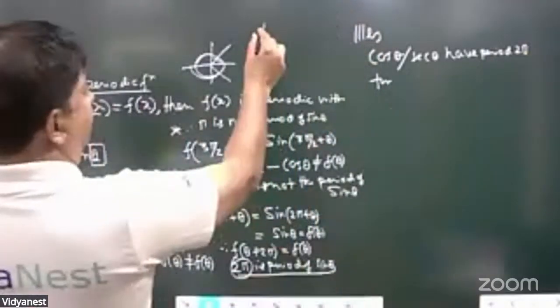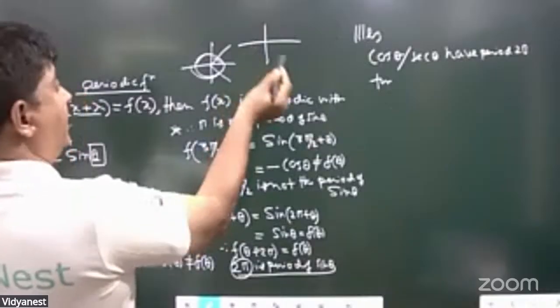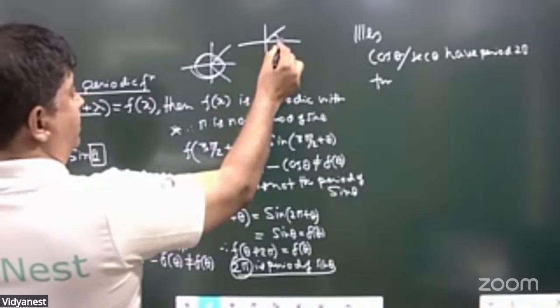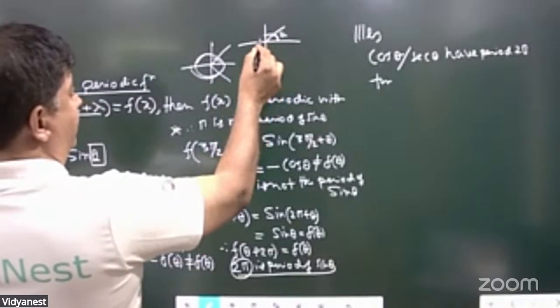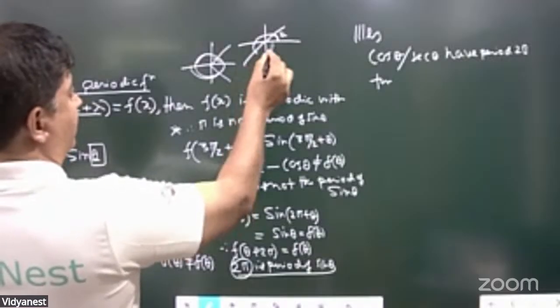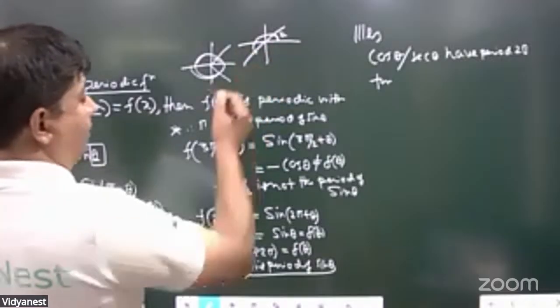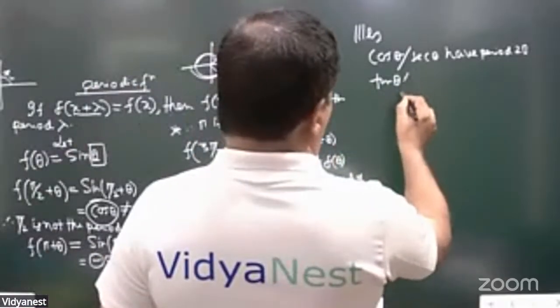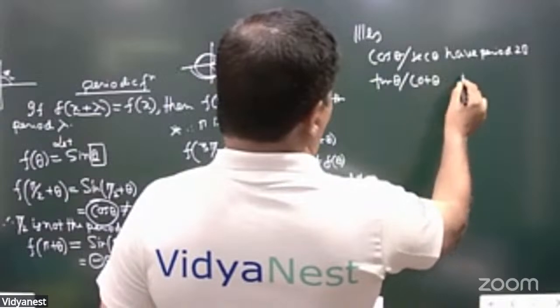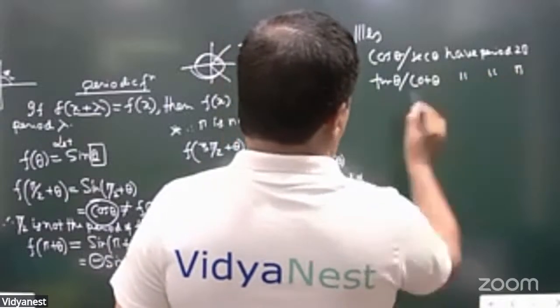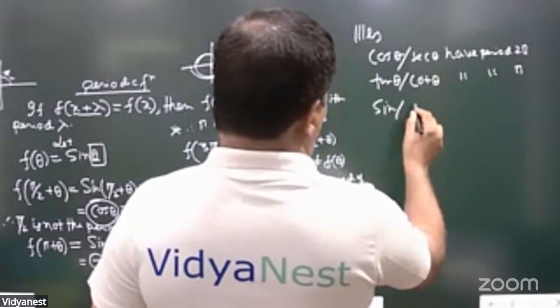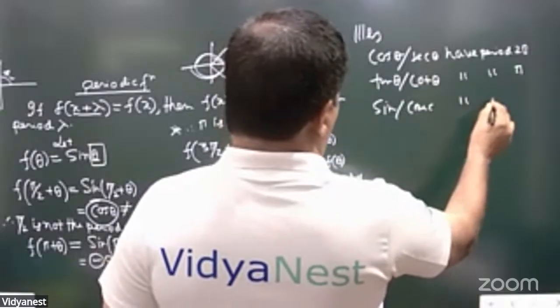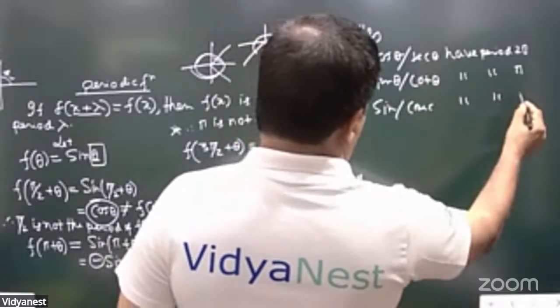Tan theta: suppose this is theta. If you take tan of pi plus theta in the third quadrant, you will get back tan theta. So tan theta and cot theta have period pi, and sine and cosec have period 2 pi.